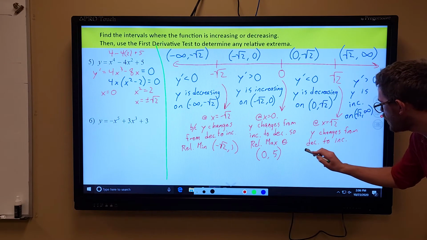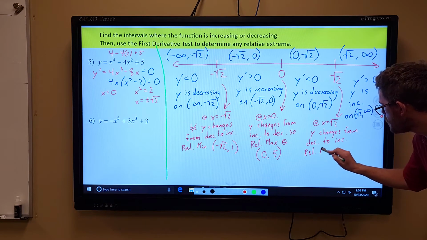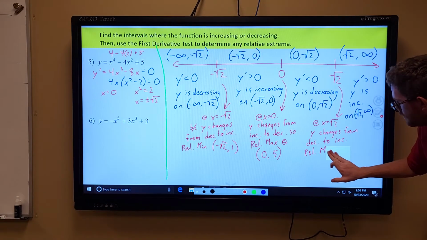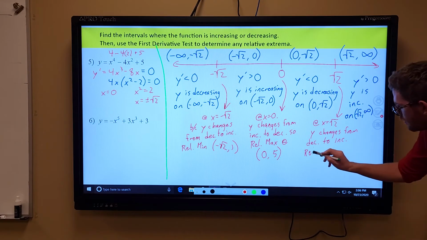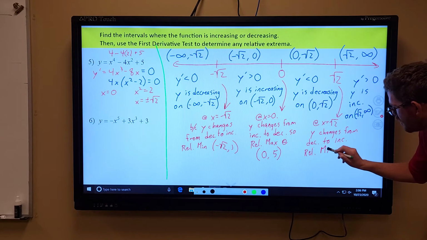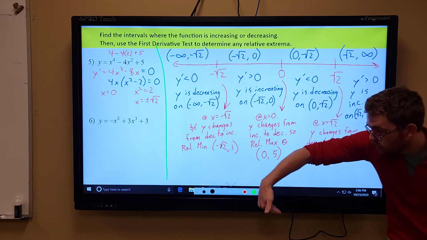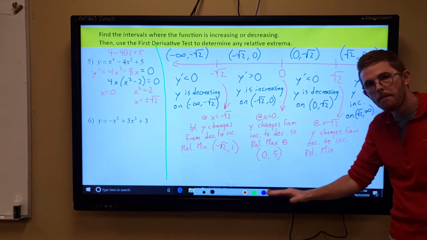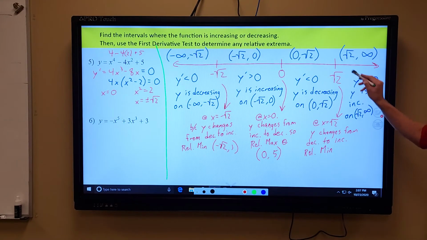And so that means we have a relative maximum. Nope. Sorry, I got caught up in looking at that last one. Decreasing to increasing is going down, and then it changes going up. That would be a relative minimum down there at that square root of 2.